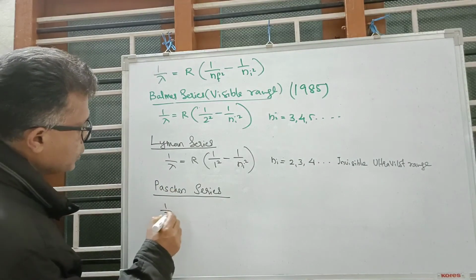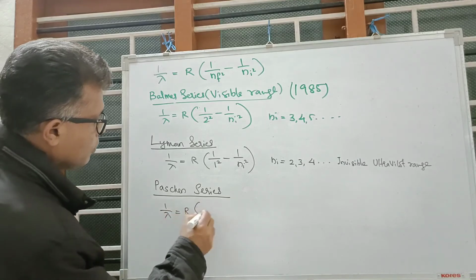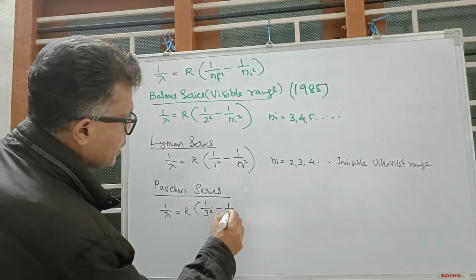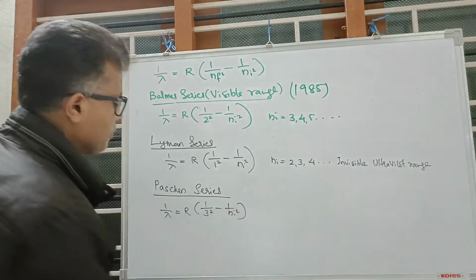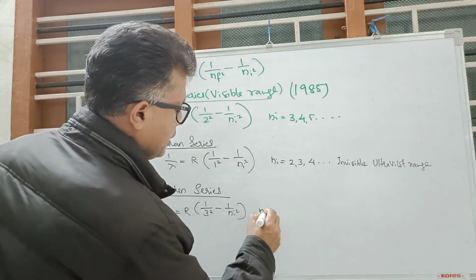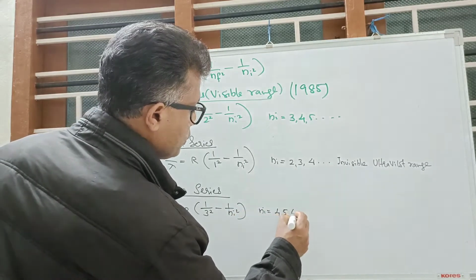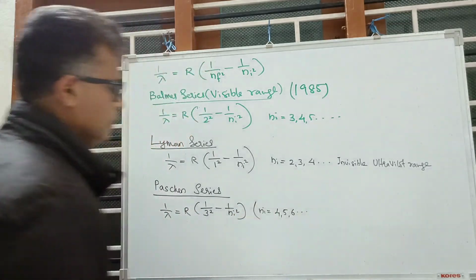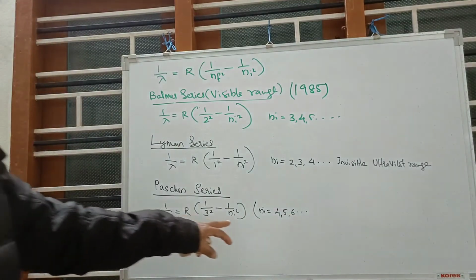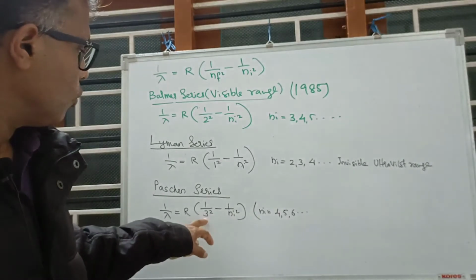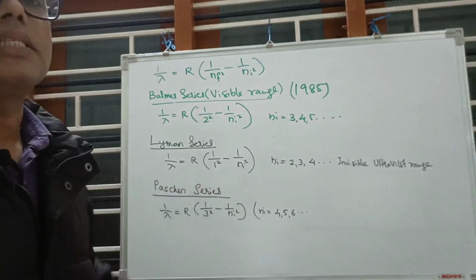1 by lambda is equal to R into 1 by 3 squared minus 1 by ni squared, where ni is greater than 3. So it goes 4, 5, 6, etc. Now you see this one. If an electron jumps from the fourth orbit to the third orbit, it becomes the Paschen series.